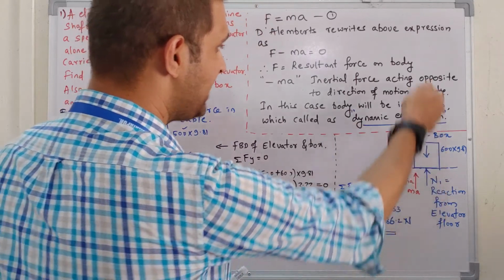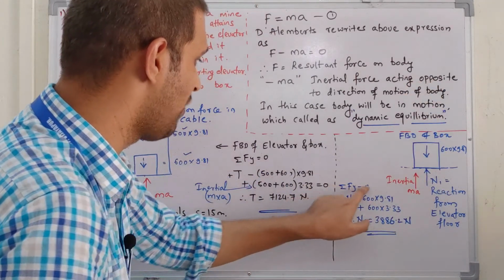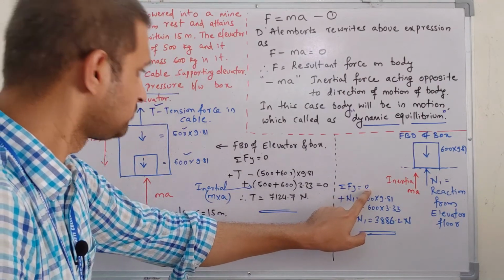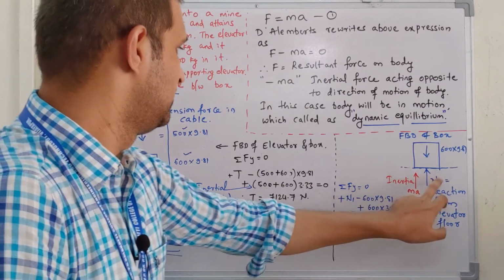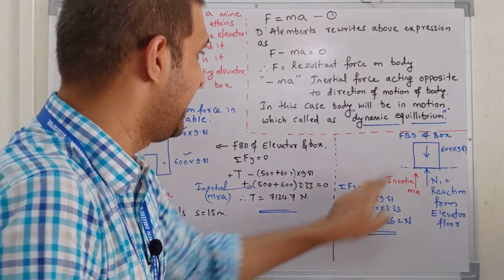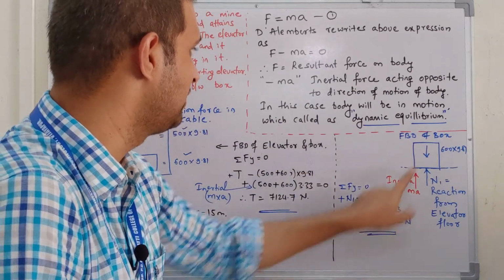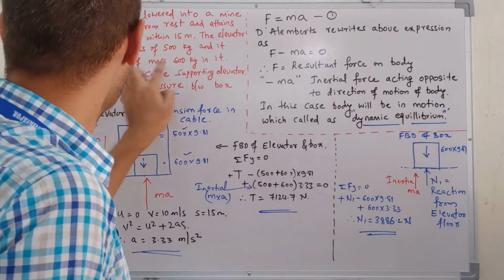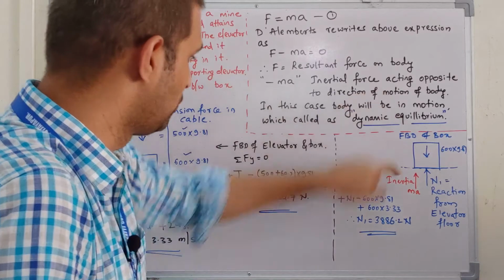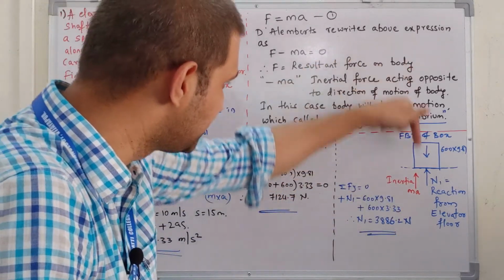Now when you look, all the forces are acting along the vertical direction, so we'll consider sigma Fy equal to 0. One by one, reaction N1 acting upward, we'll take it as plus N1, and self weight acting downward, minus 600 into 9.81. Why? Self weight of the box was 600 kg. And we already know that the box is under motion.